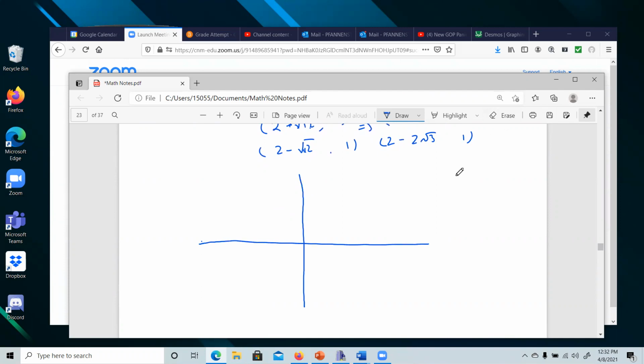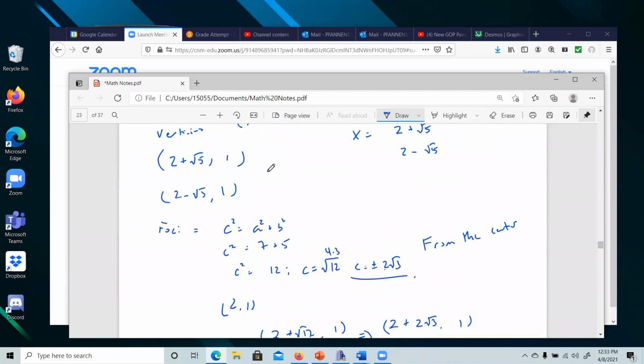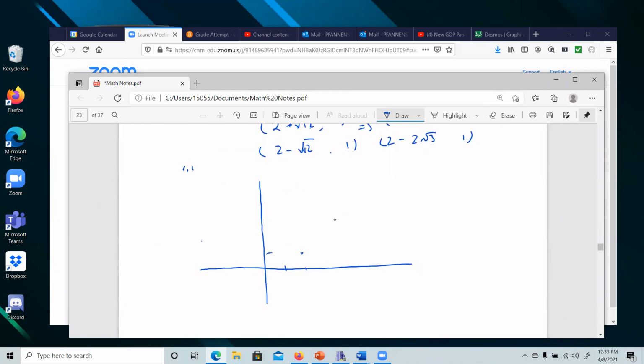We're at 2, 1, aren't we? Oops, let me erase this. Wait, our center was at 2, 1. So most of our action is going to be taking place over here. So there's our center. Where are the vertices again? The vertices were 2 plus root 5 and 2 minus root 5.